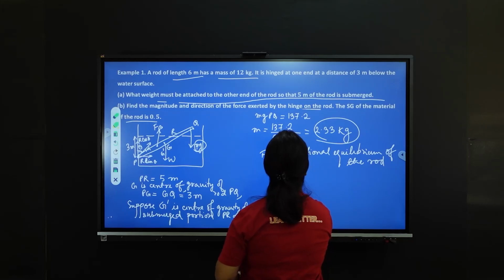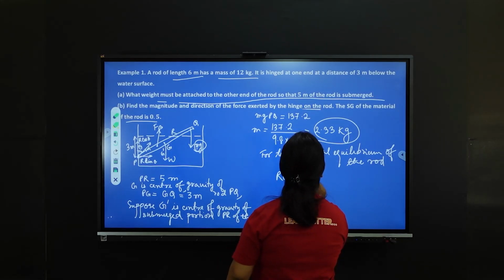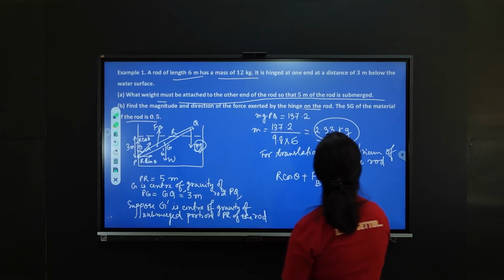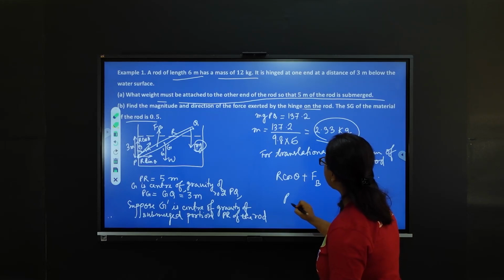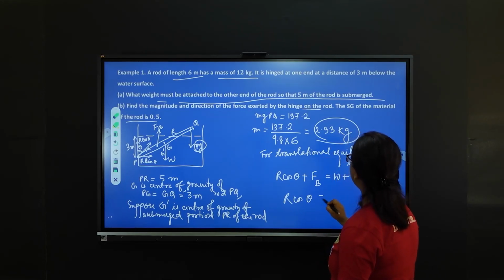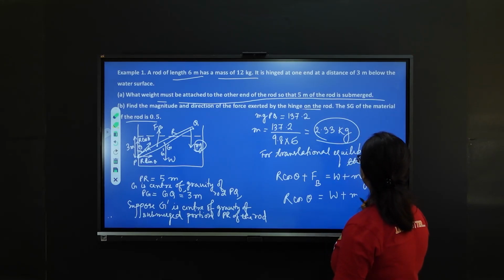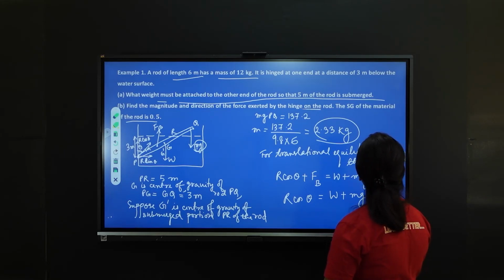We have r cos theta plus FB, which is equal to W plus mg. So working on this, we need to find out r cos theta. That's W plus mg minus FB.